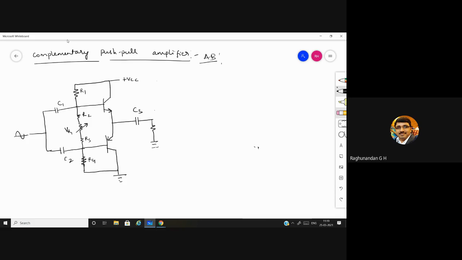In our previous case, we were having a single diode. So when there was a single diode, obviously it will be maintained constant, and it depends upon the type of diode as well, and also the diode's drop voltage and the transistor's drop voltage should match.